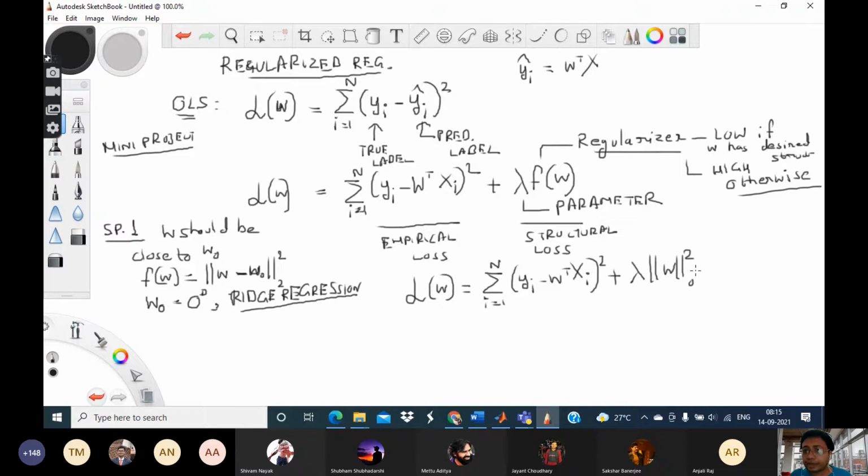Right, and you may note that this L2 norm square can also be written in the following way: W transpose W. You can just convince yourself easily that W transpose W is nothing but the squared Euclidean norm.